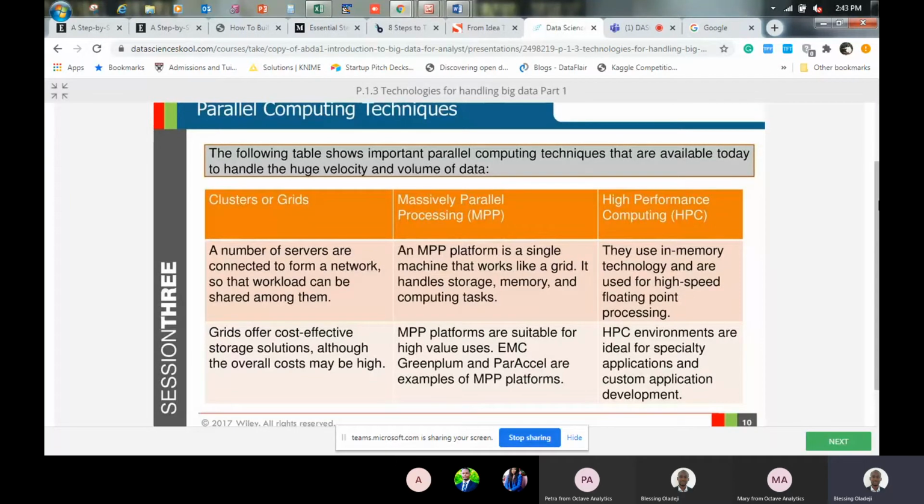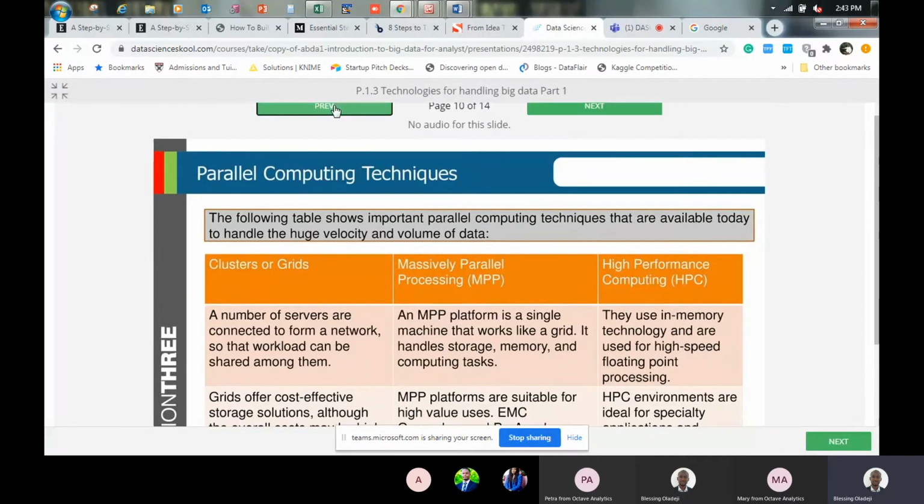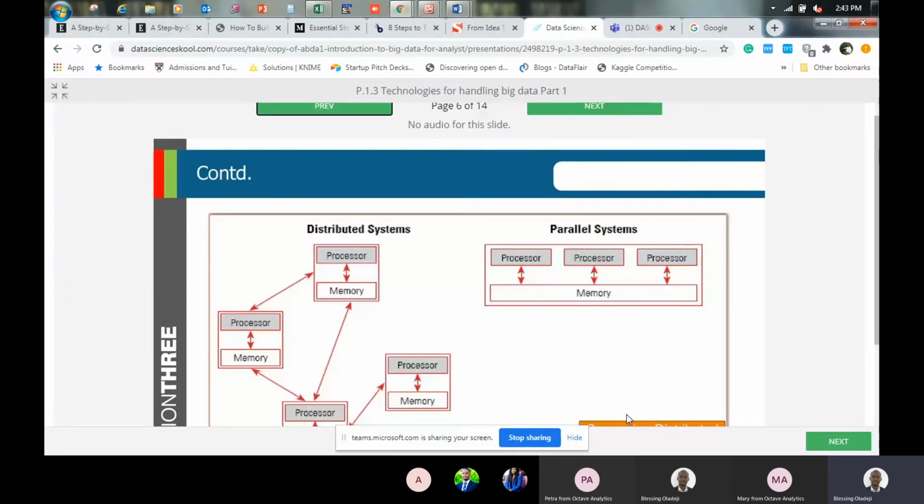Then the third concept of parallel computing is what is called high performance computing. I like this diagram, so I'll go back to it again. If you look at this diagram, for all of these nodes, this is a node, this is another node. There are 4 nodes under this distributed system. There is only one node under the parallel system. Now, for each of these, there is always a back and forth between the processor and the memory.